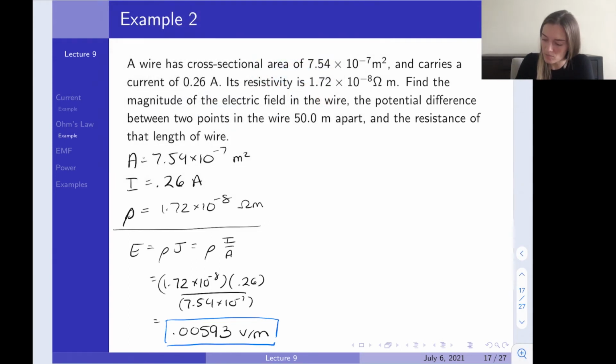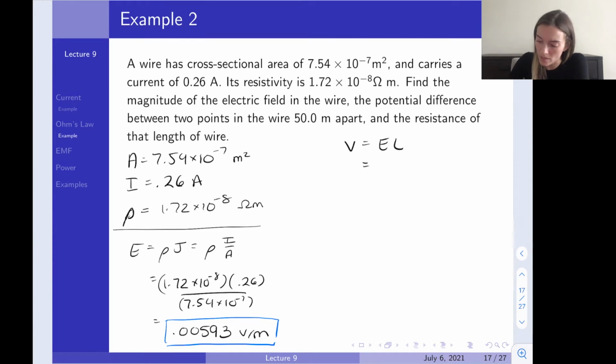Okay, that was relatively straightforward. Now we want to find the potential difference between 2 points in the wire that are 50 meters apart. We can use the equation we previously had, where the potential between 2 points in our wire with a constant electric field will just be the electric field times the distance between those 2 points.